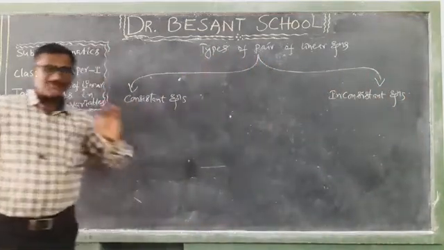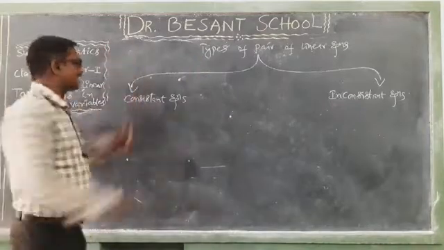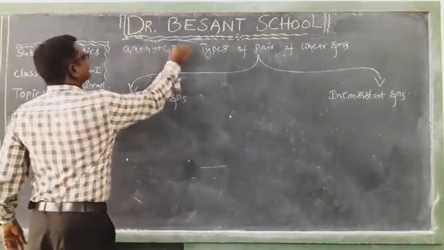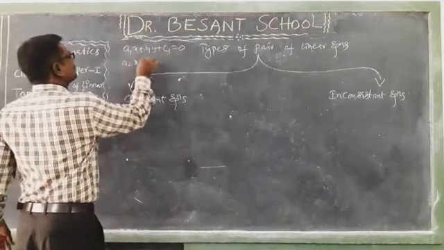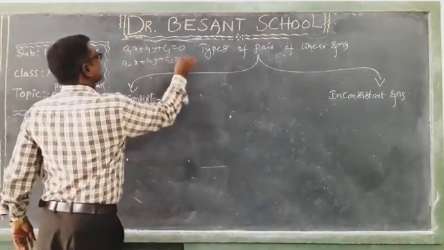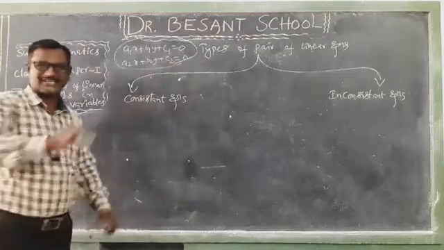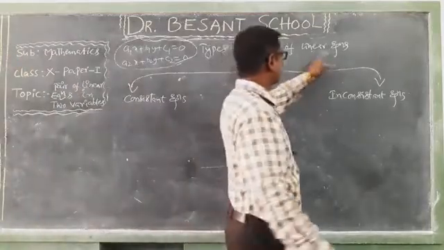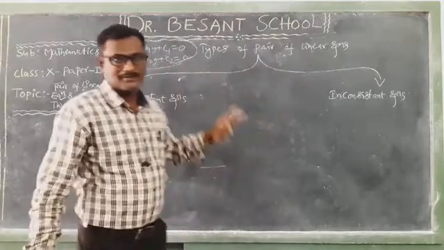So a pair of linear equations in two variables, what are the standard forms? a1x plus b1y plus c1 is equal to 0, a2x plus b2y plus c2 is equal to 0. This is the system of simultaneous linear equations in two variables. Pair means two.